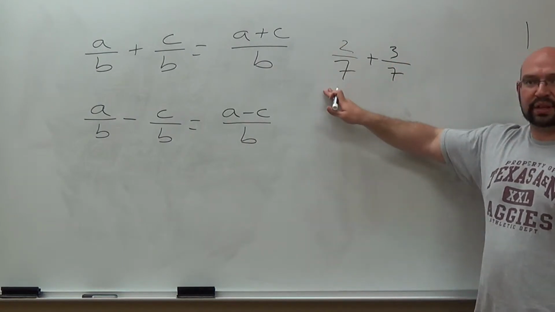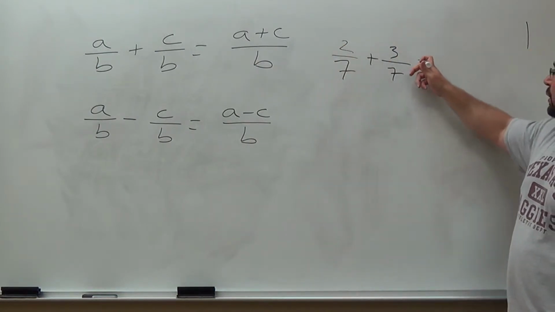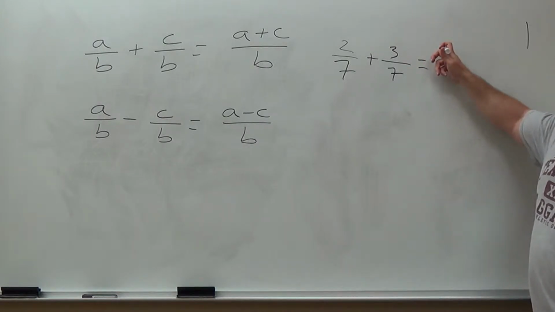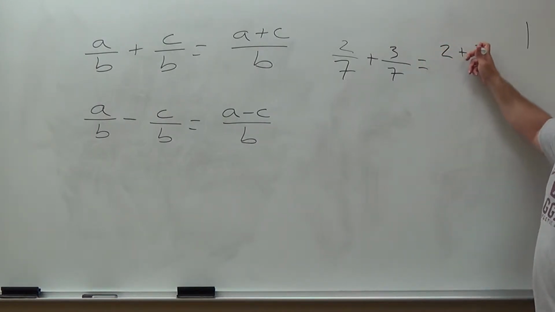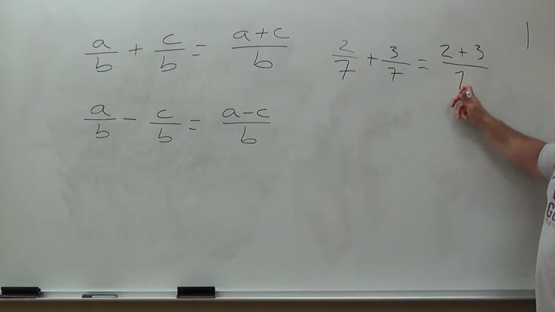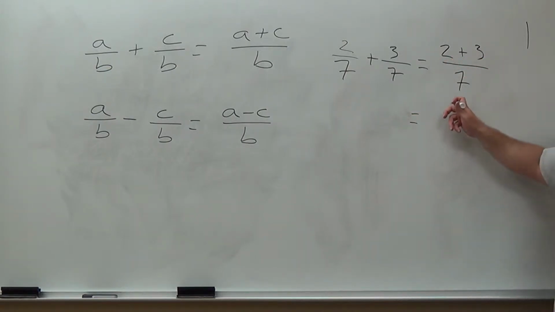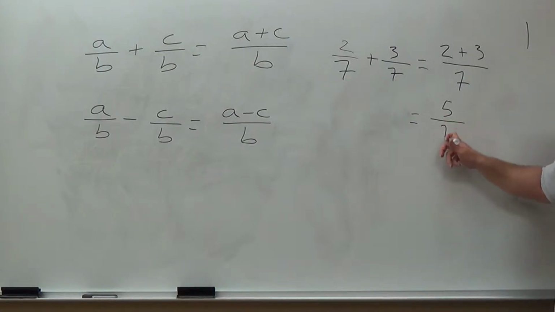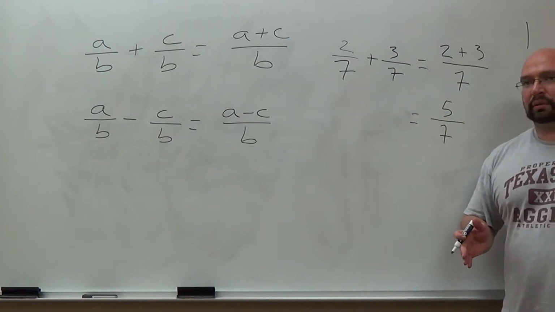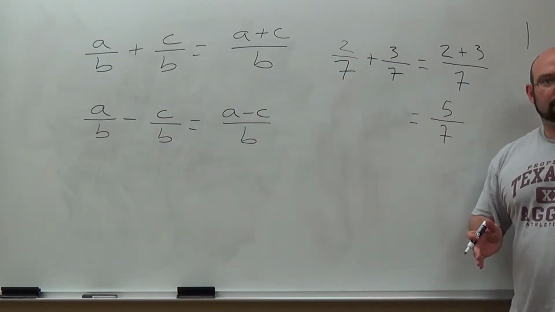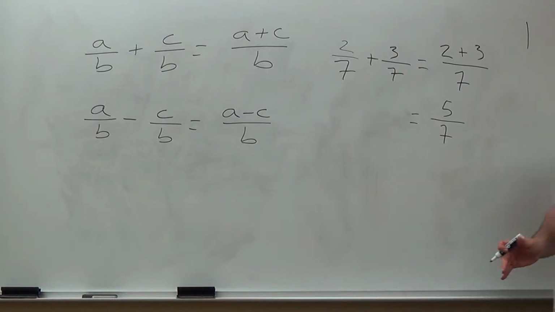So what I'm going to do is say, well, hold on, same denominators. So 2 plus 3 is going to give me my 5, and then I'm left with my 7. Everybody good on that? Okay? All right.